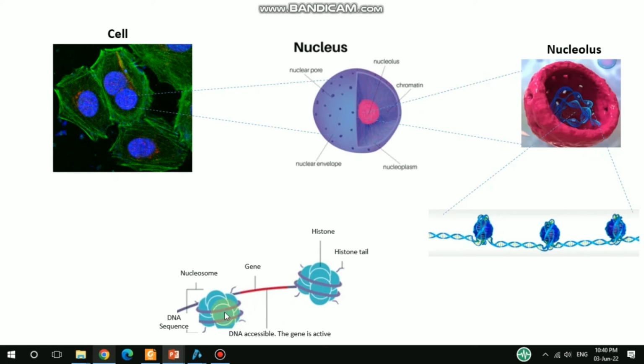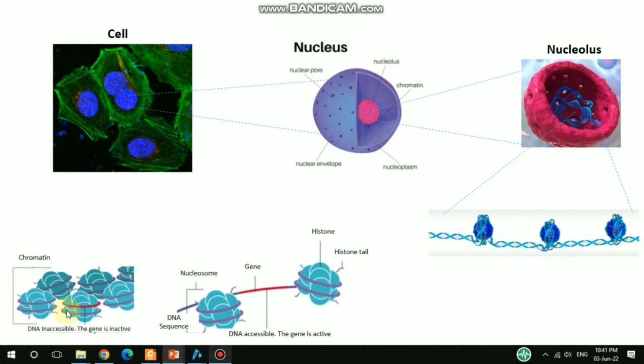But when this DNA sequence is wrapped tightly, then that DNA sequence cannot express protein. This is why this red part, which is wrapped, cannot be accessed, so this is the inactive form.